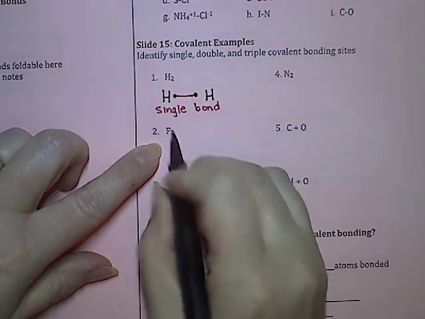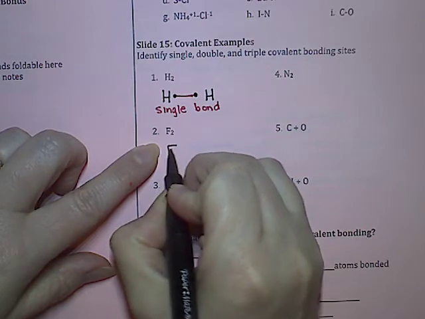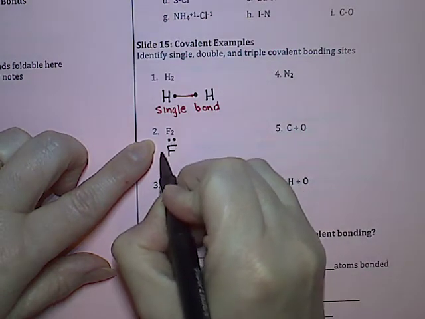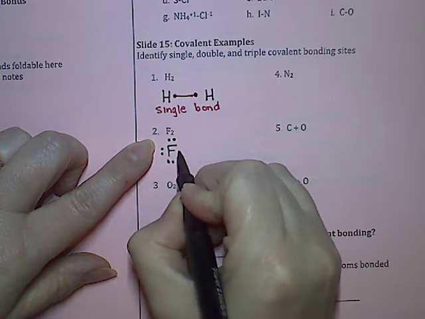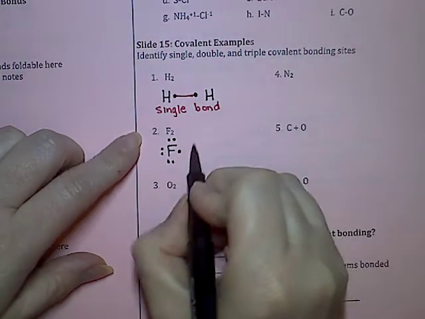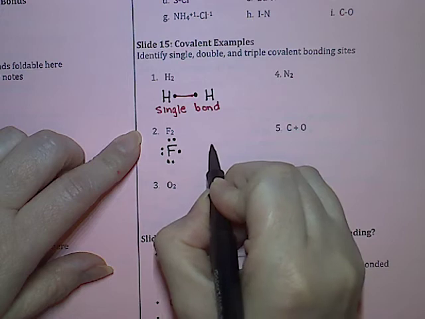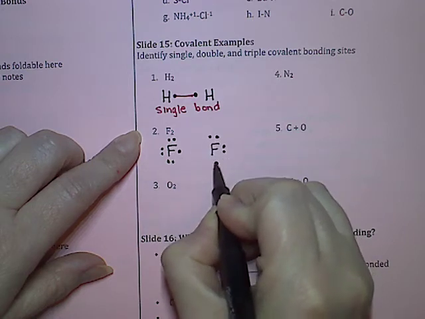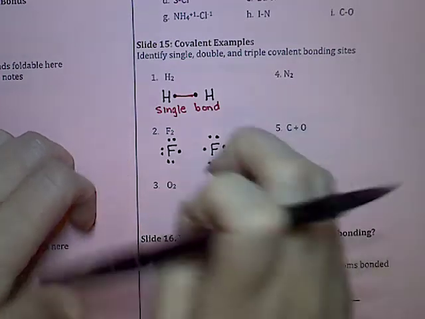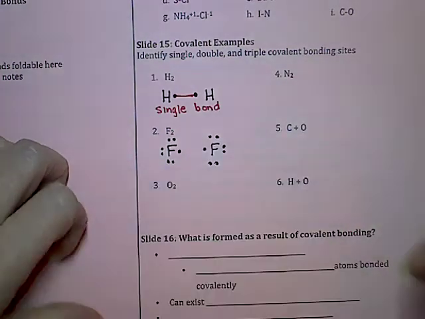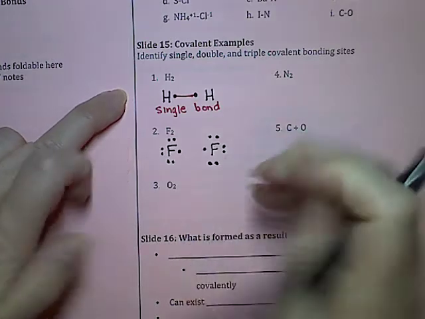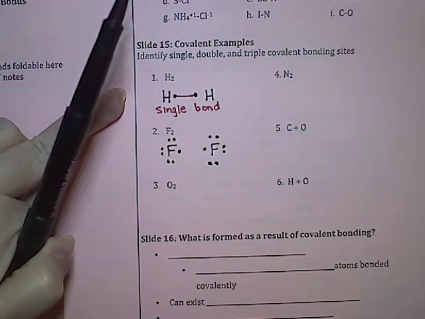Fluorine is in column 7 of the periodic table, so it has 7 dots. And once again it says F2, so I have 2 fluorines. I'm going to draw the mirror reflection of that also, just so it looks nice and pretty. That's why I was emphasizing where you start and finish doesn't really matter, as long as you focus on don't pair up until you have to.